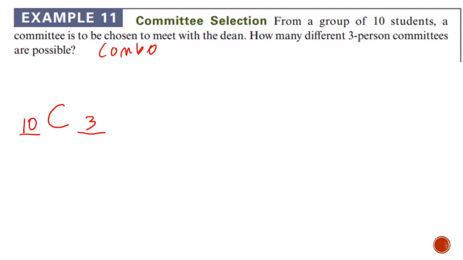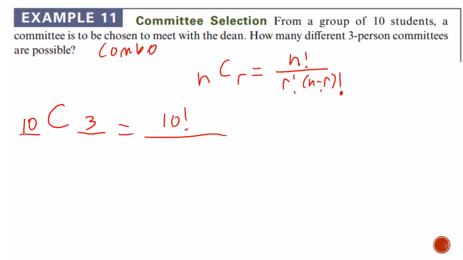Now we can use the formula I gave you before. You could just throw this in your calculator, but I want to show you that the formula makes this easy. This is N, so this would be 10 factorial over R, in this case 3 factorial, and the other factorial there is... What's N?